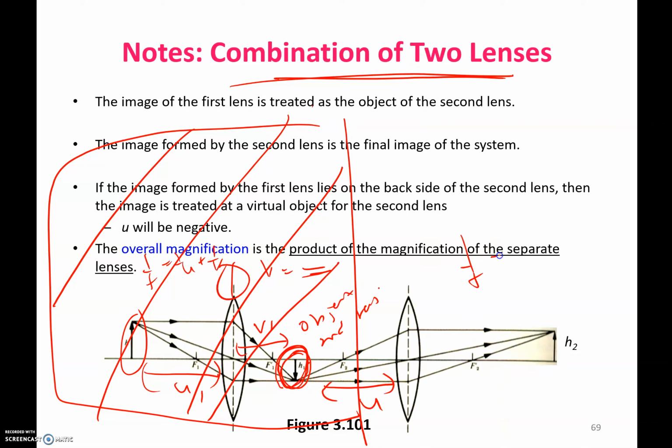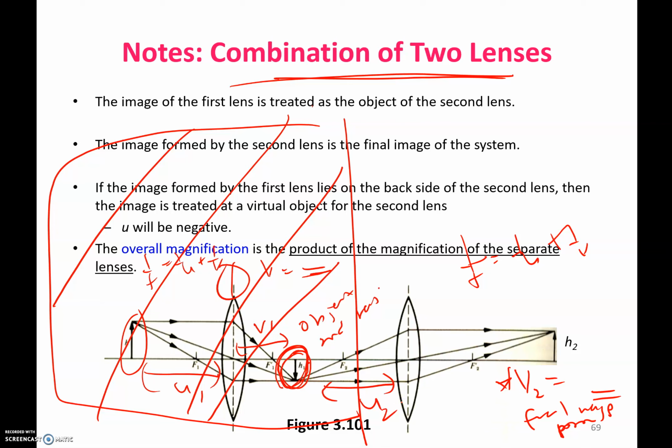So again, I'm going to use the lens equation 1/f = 1/u + 1/v to find the second image position. So this will be the final image position. If they want you to find the final image position, or the distance of the final image, you need to find v2.